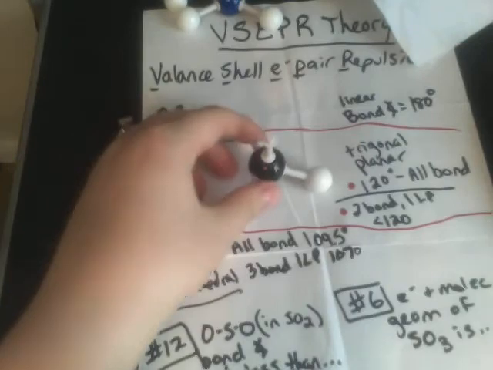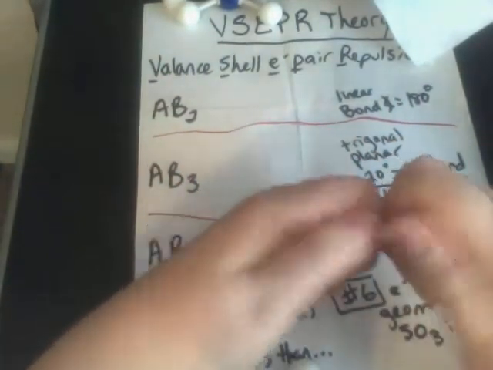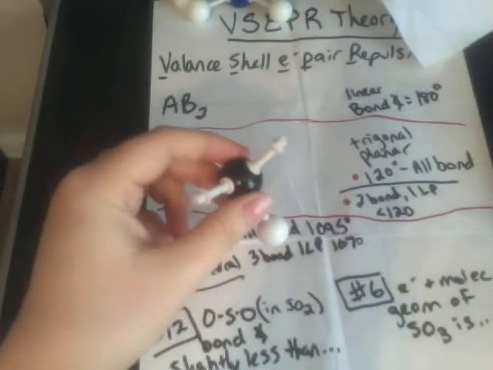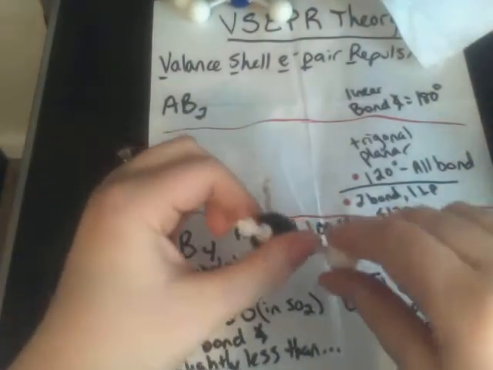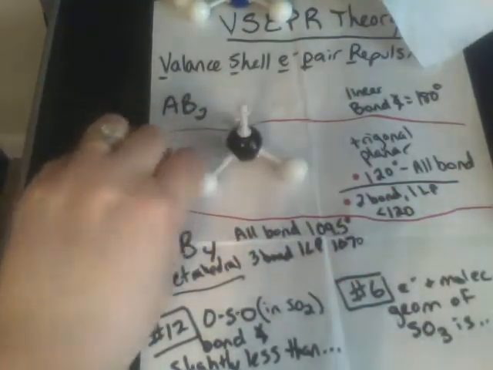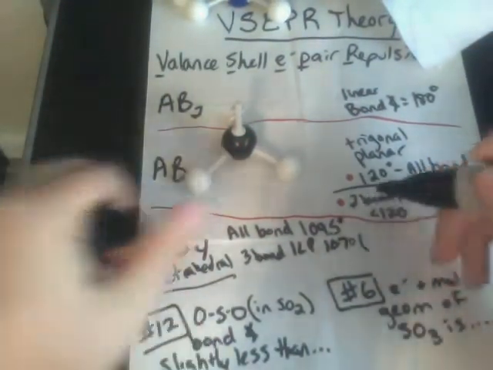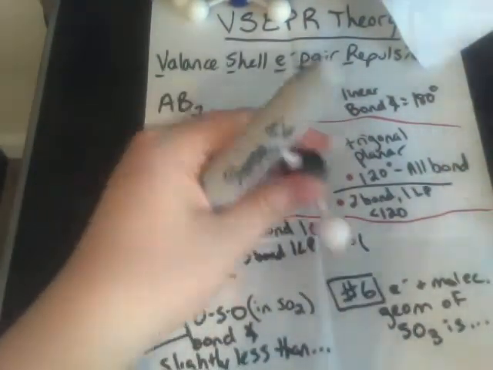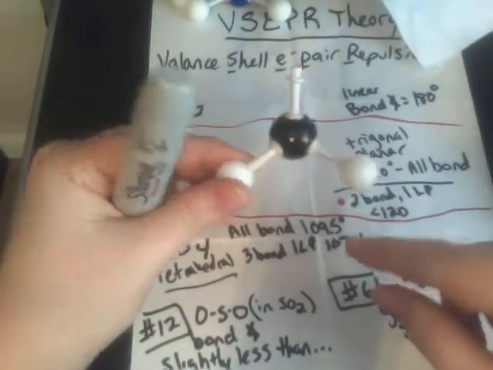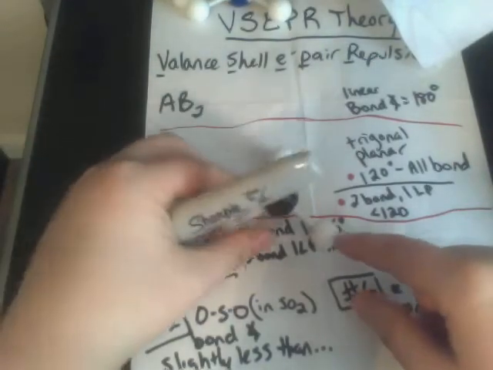So then you have a situation where maybe we have, ooh, and it falls off. What if we have two lone pairs, right? So this now has a new name. Where you have 3 bonds and 1 lone pair, this is actually called Trigonal Pyramidal.